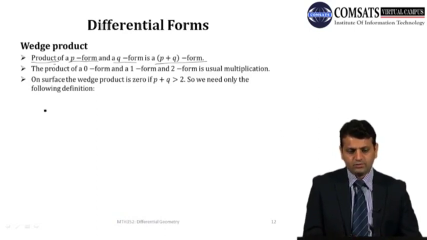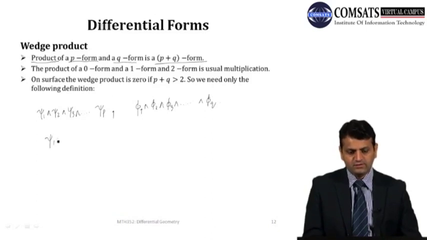सो अगर मेरे पास कोई सी भी p फॉर्म है, लेट्स से psi1 wedge psi2 wedge psi3 up to wedge psi p. So this is the p form, and let's say there is a q form, phi1 wedge phi2 wedge phi3 up to so on wedge phi q. Then their product, in other words their wedge product.